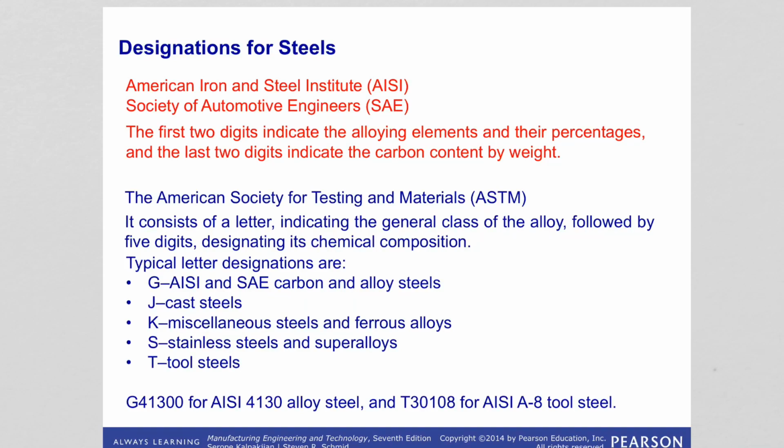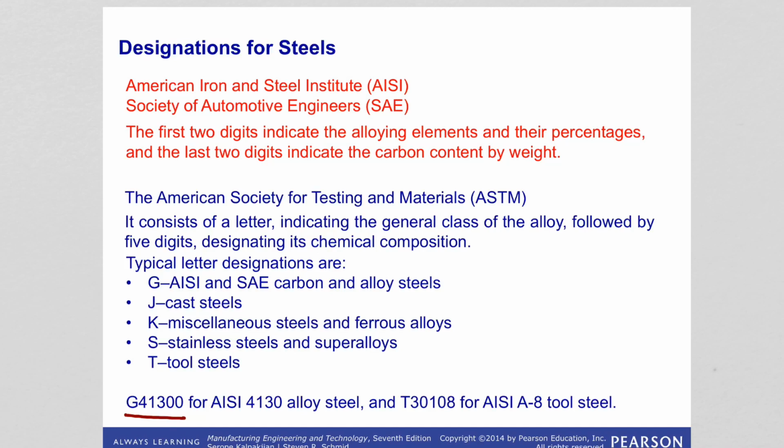So let's look at G41300. G stands for, of course, AISI 4130 alloy steel.